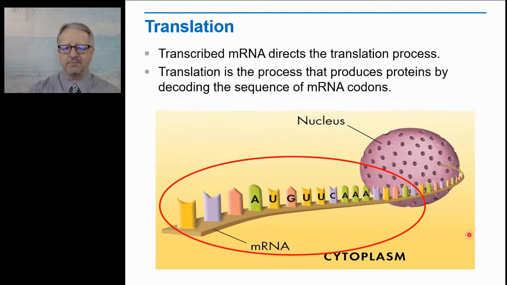And we have to keep in mind that transcription is what takes place inside of the nucleus. Translation is the process that ribosomes use to translate the codons of the mRNA strand into proteins or other molecules. And this occurs in the cell's cytoplasm. It doesn't occur inside the nucleus.